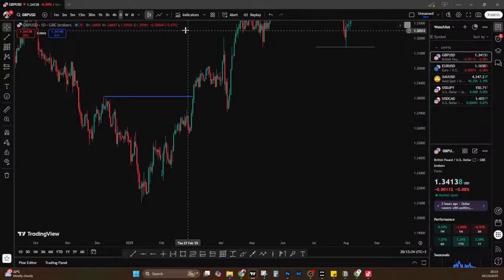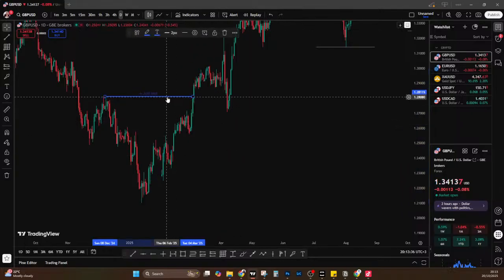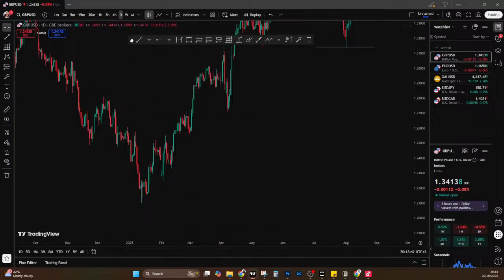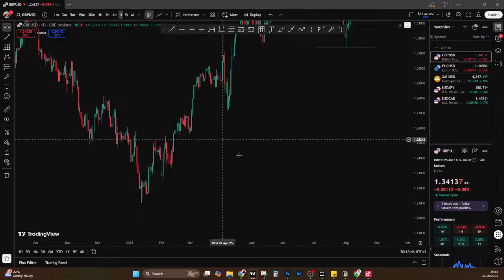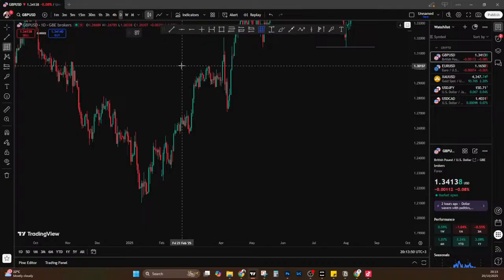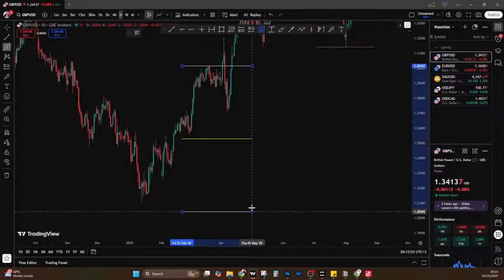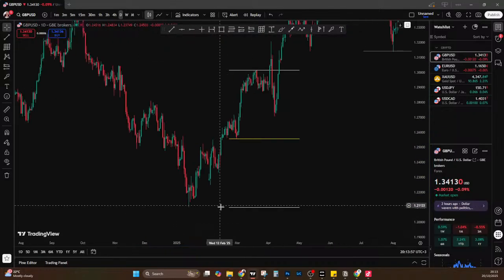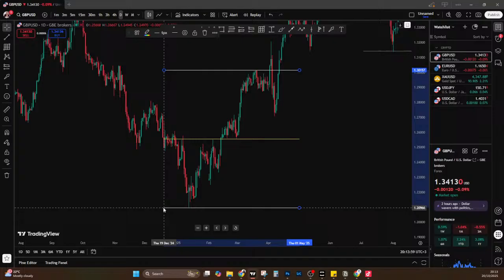Okay, so this is what you do to understand the order flow. You take the gun box here, and run it from top to bottom, or from bottom to top, whichever works for you.